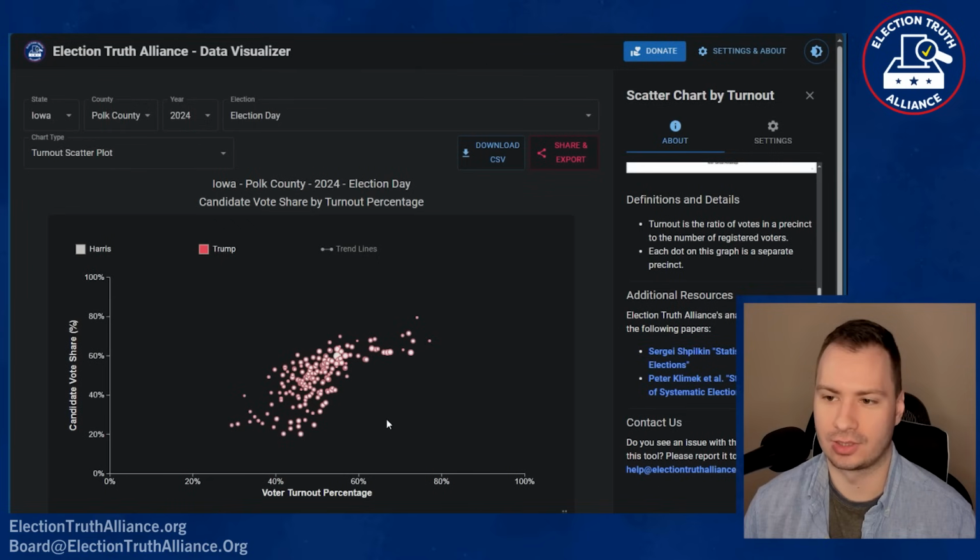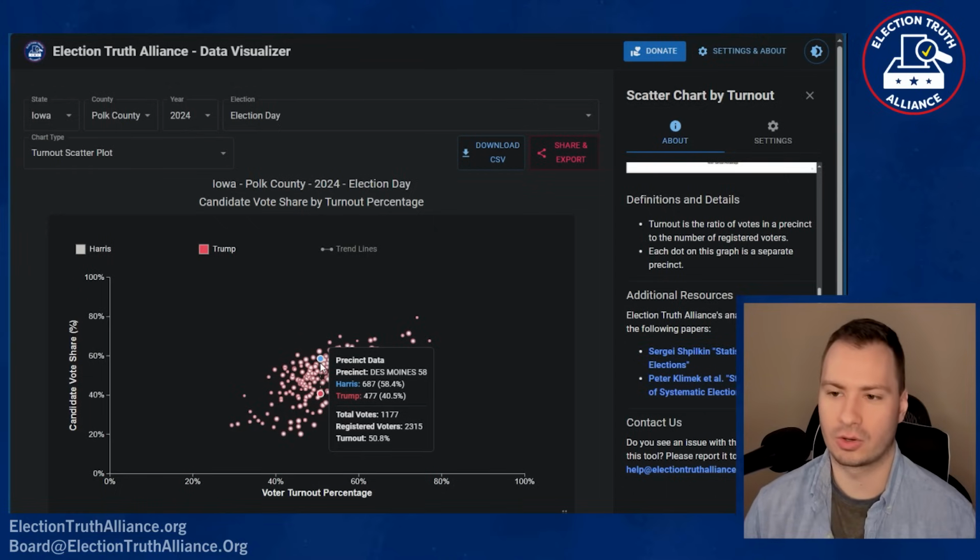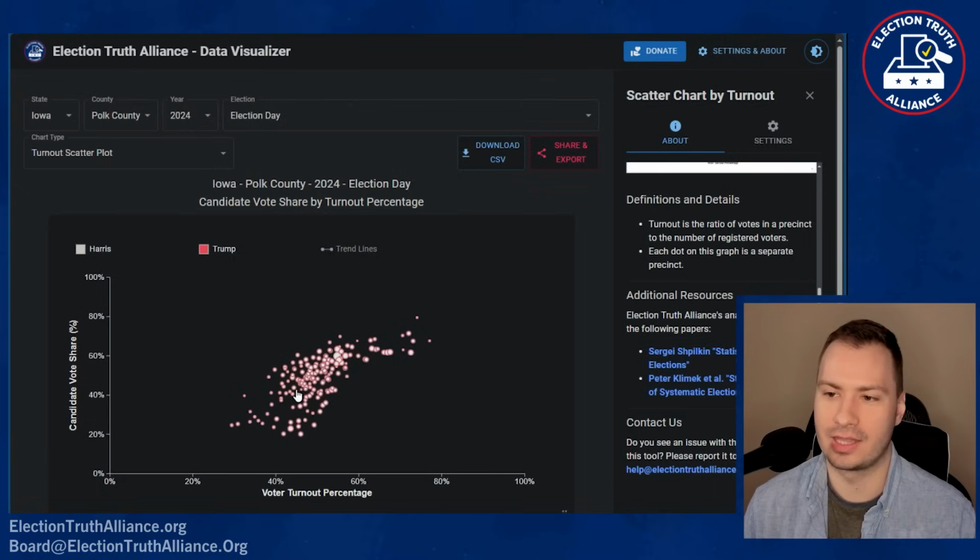Let's say you sit somewhere around 50% turnout and you want to win. So across all of the precincts after 50% turnout, you add in 10 or 20% of the votes, and they're all for one candidate. And that's going to cause this shift where the candidate is growing in the amount of votes they're getting in places of higher turnout. And that is the concern.